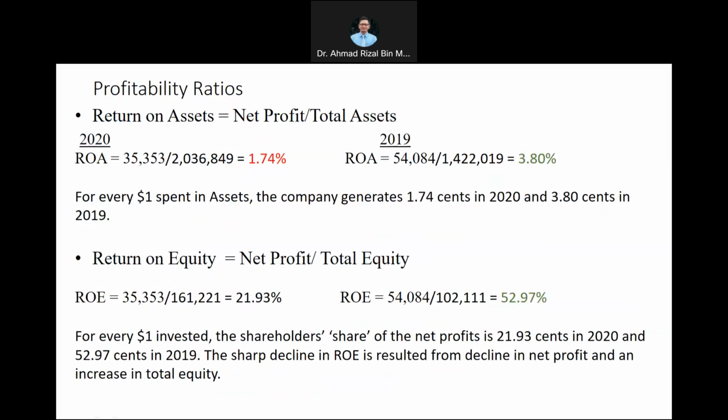But in fact, these two are only two out of the many ratios that we should focus on. ROA, or return on assets, is net profit divided by total assets. From a finance perspective, we can also call this ROI, which is return on investment.